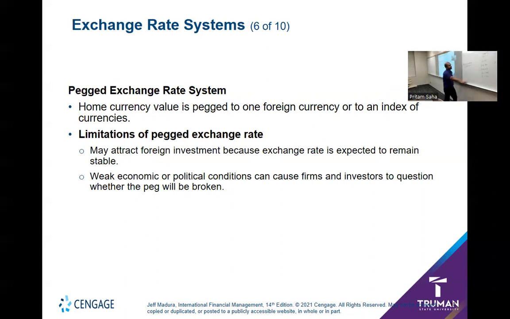Let's say the Mexican peso is pegged with the US dollar. If the US dollar appreciates, the Mexican peso will appreciate. Same direction, same magnitude. If the US dollar depreciates, the Mexican peso depreciates. Same direction, same magnitude.